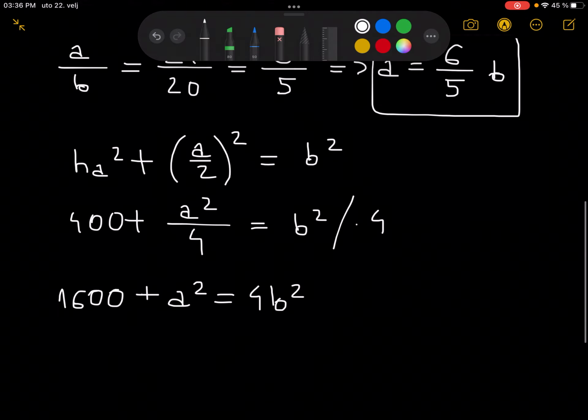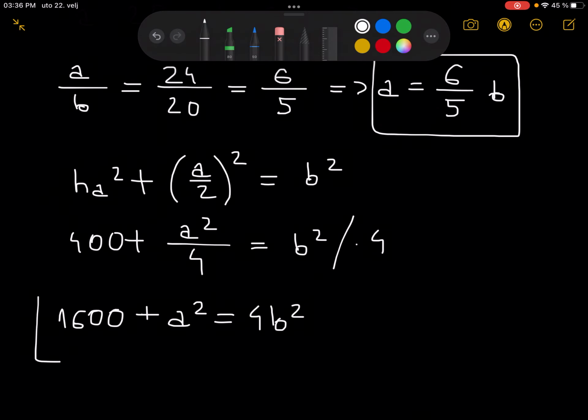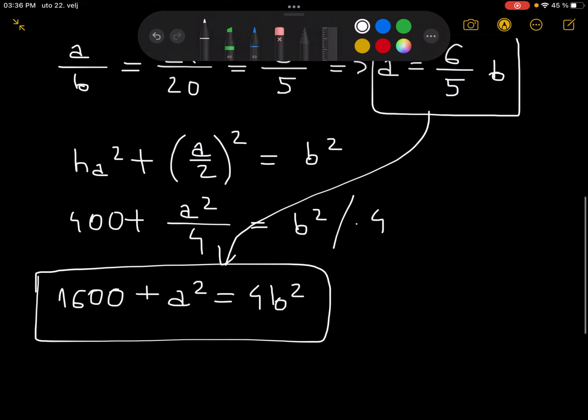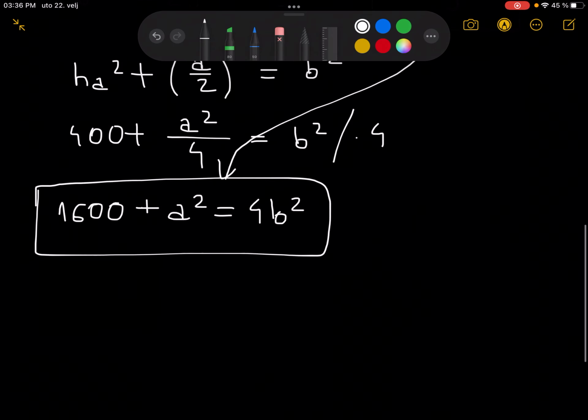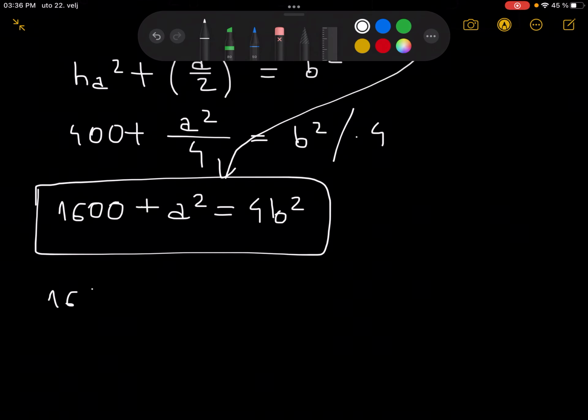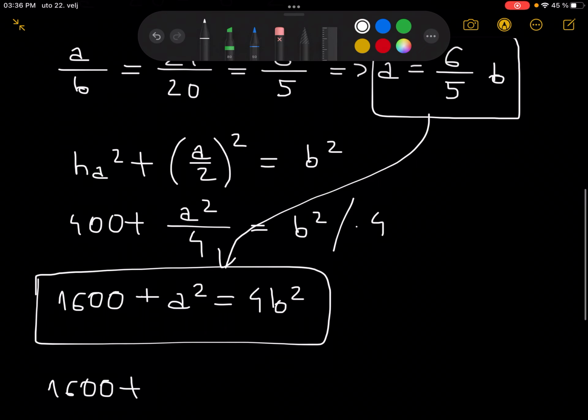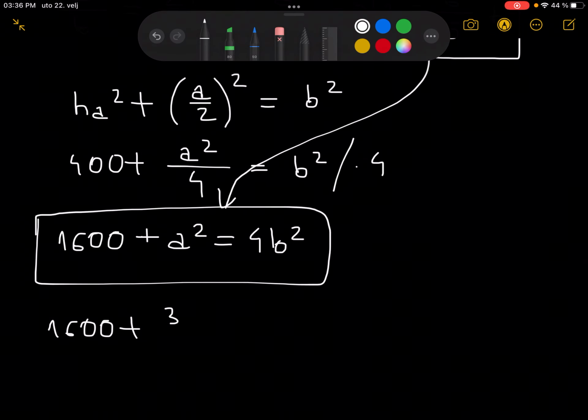This will be our second equation, into which I'm going to plug our first equation. So 1600 plus A squared, that's going to be 36 over 25 B squared, is equal to 4B squared.